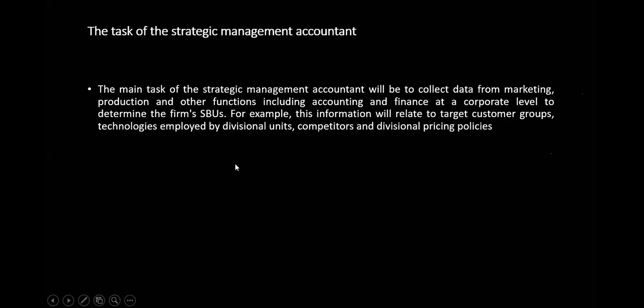Then the task of the strategic management accountant. The main task will be to collect data from marketing, production, and other functions, including accounting and finance at a corporate level, to determine the firm's SBUs. For example, this information will relate to the target customer group, technology employed by a divisional unit, competitors and divisional pricing policy.